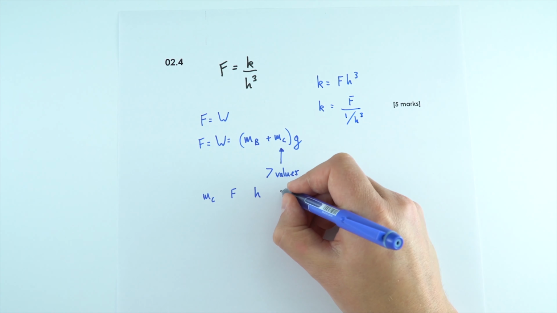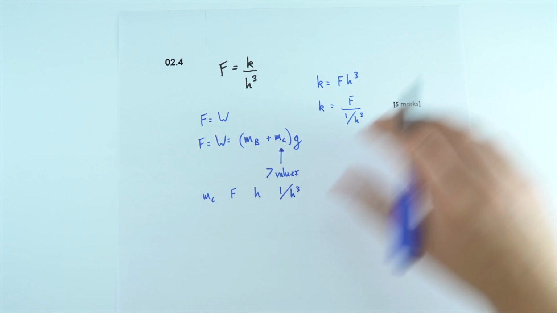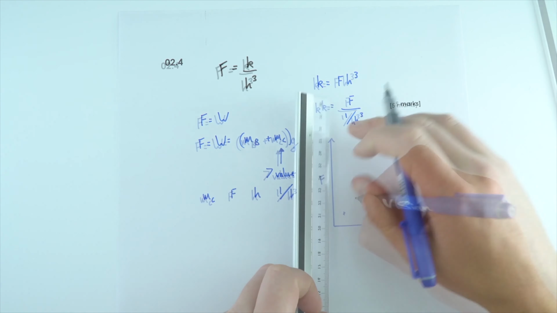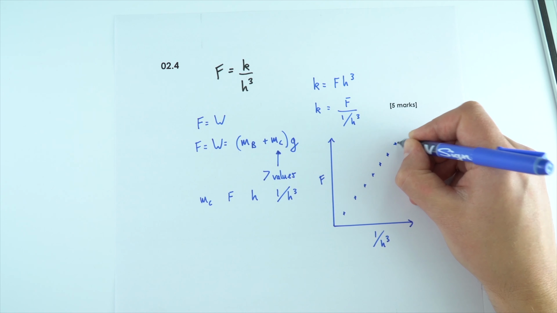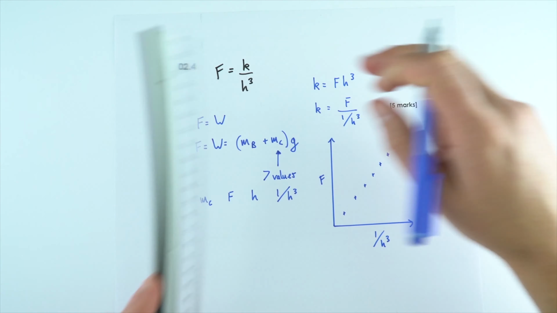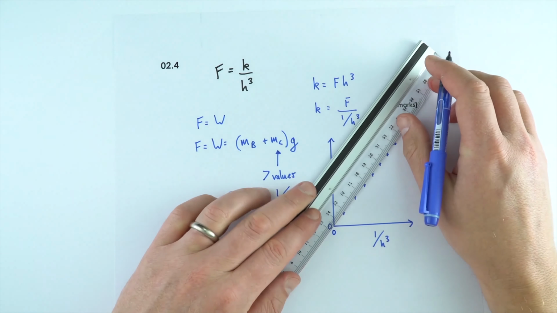Okay, so that means if we get values of 1 divided by h cubed, we can then start to plot a graph that might look a bit like this. And when you get some data from maybe 7 different data points, ideally, if this relationship is true, we should get a straight line that goes through the origin.